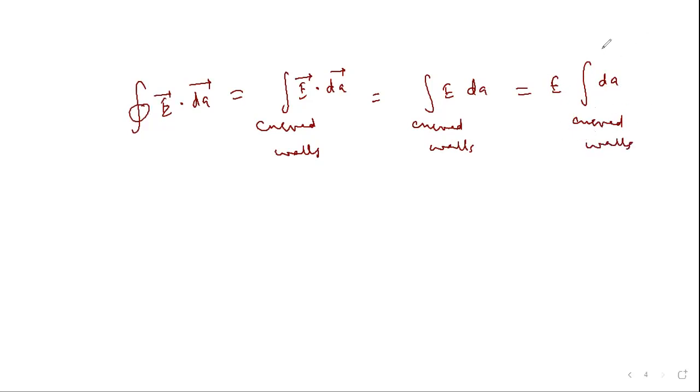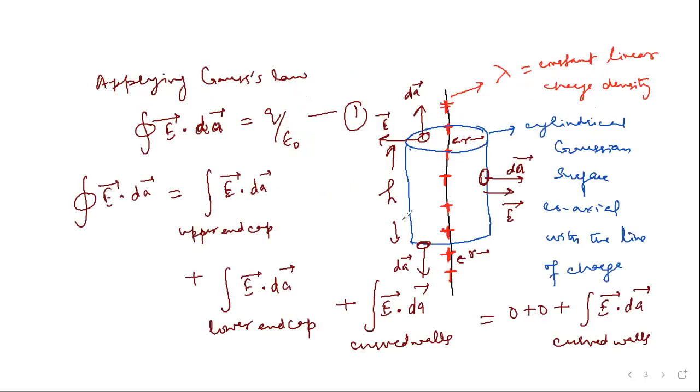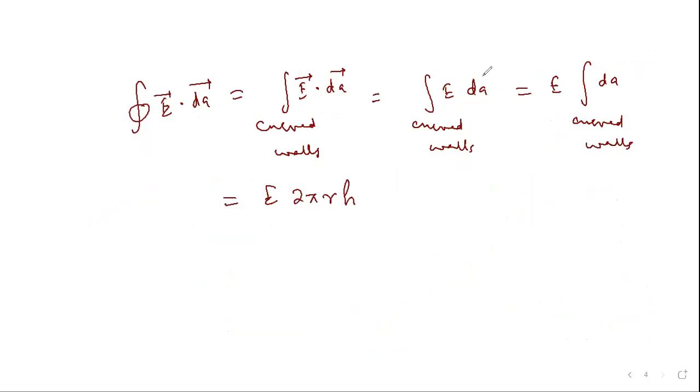Now this is just the surface area of the curved walls, which is 2 pi R H. 2 pi R H is the surface area of the curved walls.